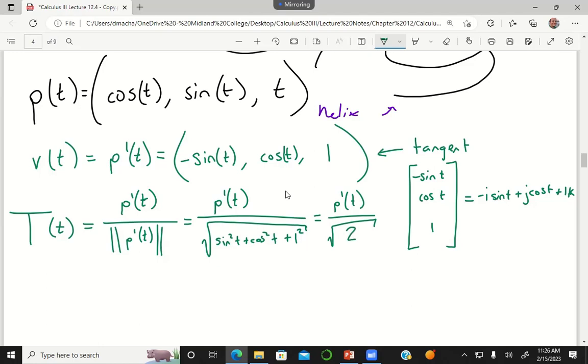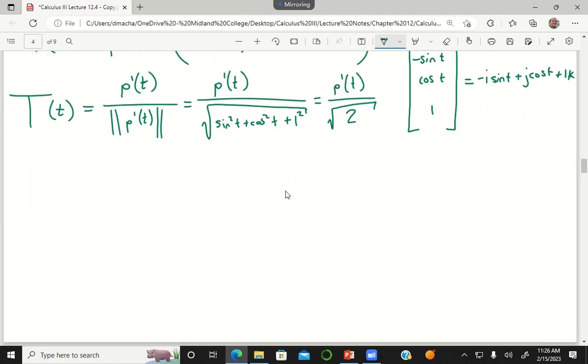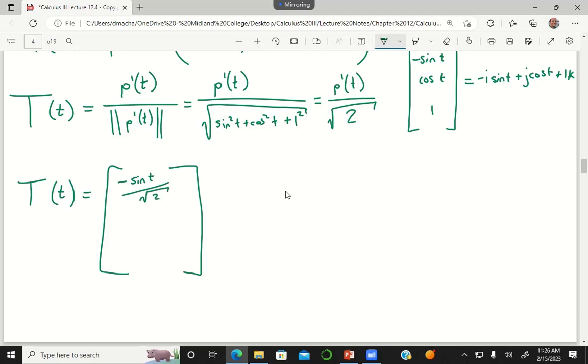There's that Pythagorean identity for sine squared plus cosine squared, so that's just square root of 2. So that means capital T of t is this vector: negative sine of t over square root 2, cosine t over square root 2, and then 1 over square root 2.